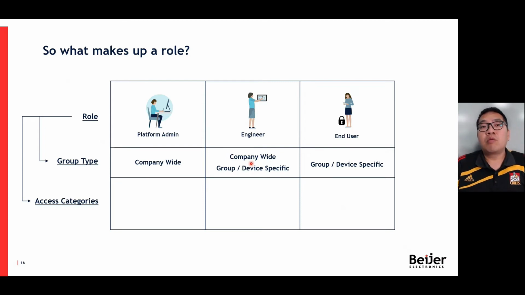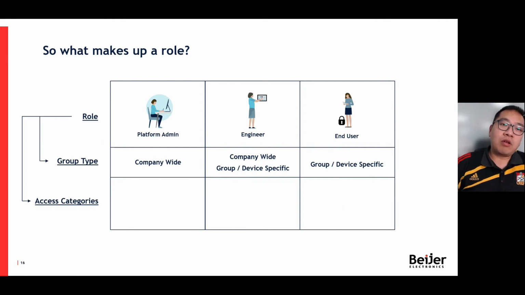That really depends on the structure or what kind of access you want to give when you create the company. Of course, that's really up to you. And then you have the end users, who are often the last customer or the users that are using your machines once you have installed them. Those are usually group specific as well.